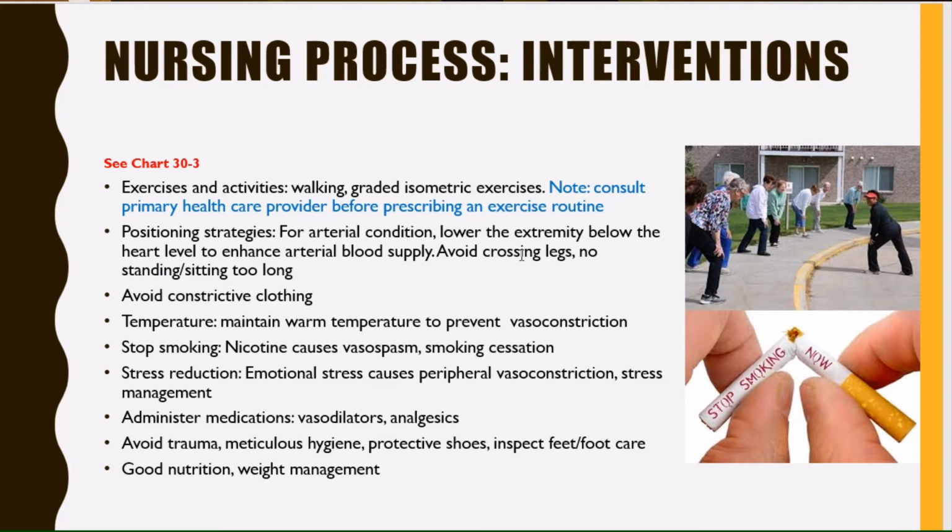Administer medications like vasodilators and analgesics for pain, avoid any trauma, good skin care, protective shoes. We already talked about all this, good nutrition and weight management. So all this is very important, and you can see it in chart 30-3.